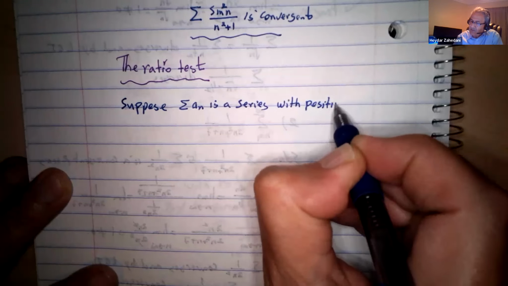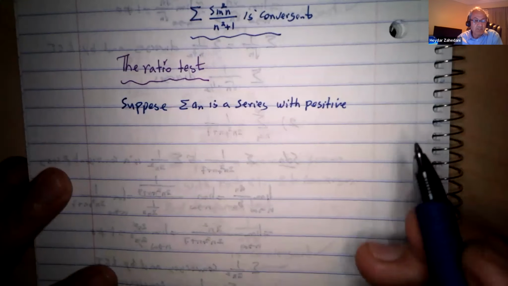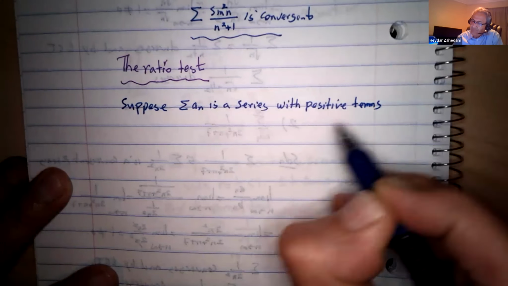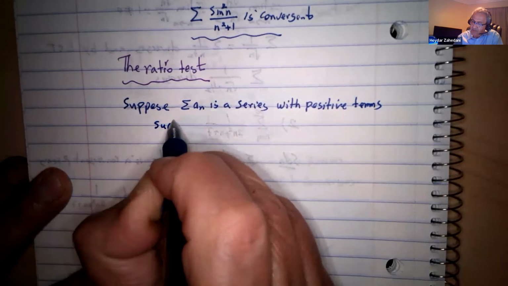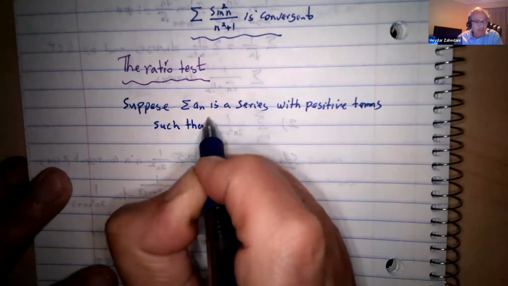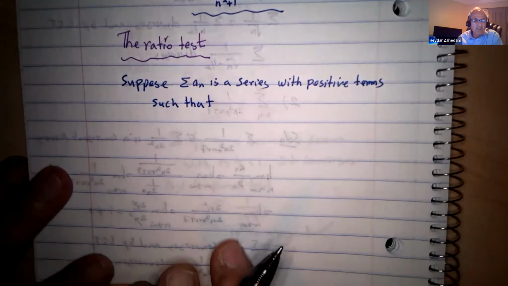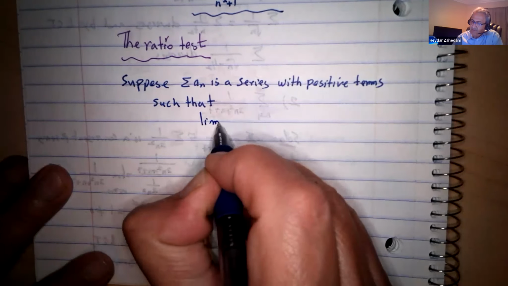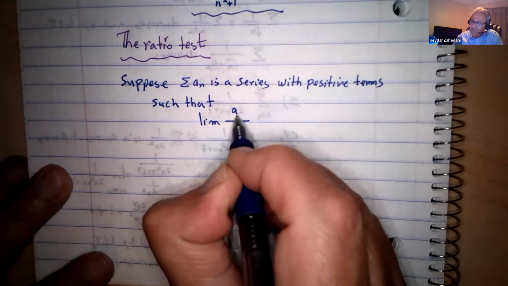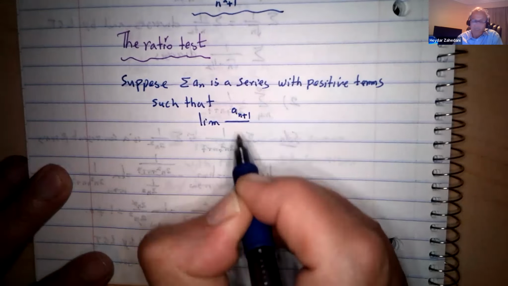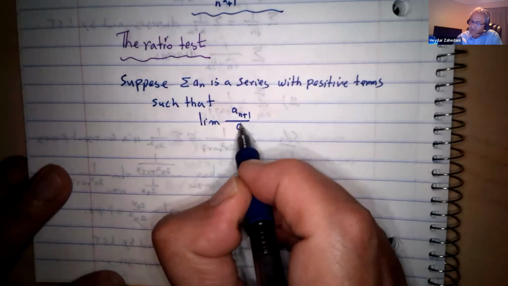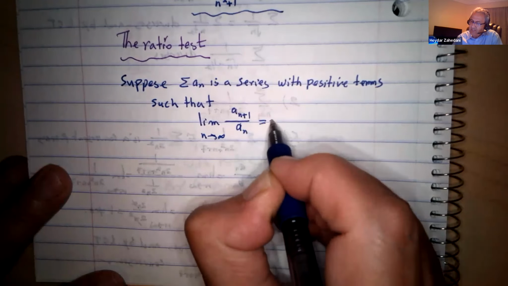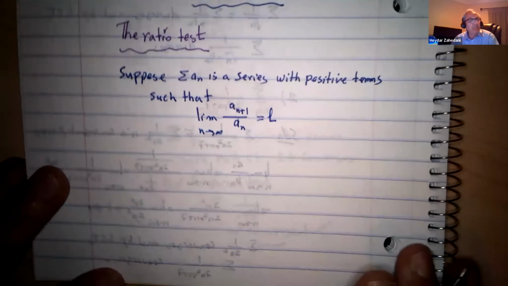All these tests apply only to series with positive terms, such that this limit exists: the limit of a(n+1), the n plus 1 term, over an when n goes to infinity. This limit exists and we are going to call it L.